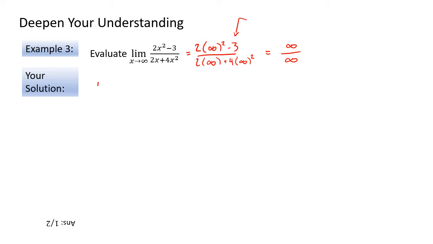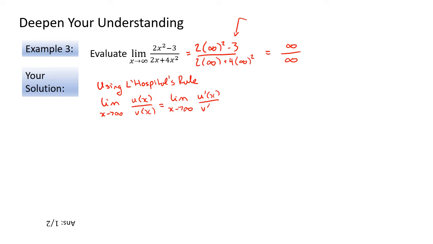So if we do, using L'Hopital's rule, we have the limit as x approaches infinity of u of x divided by v of x. And it's the same as doing the limit as x approaches infinity of the derivatives, u prime of x divided by v prime of x.